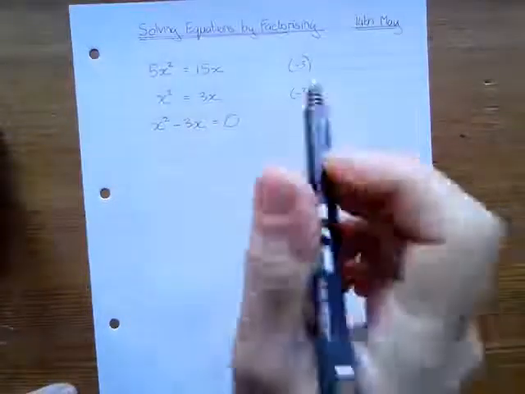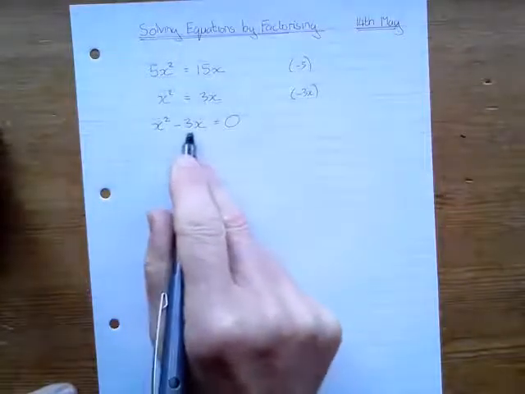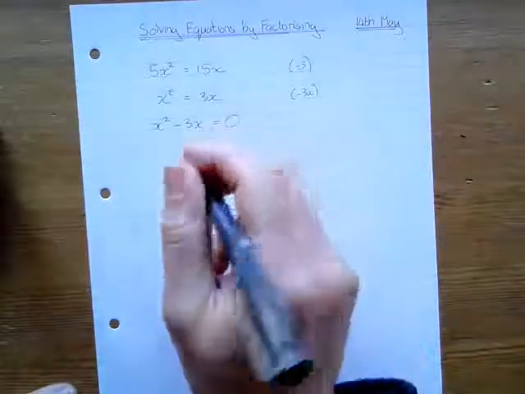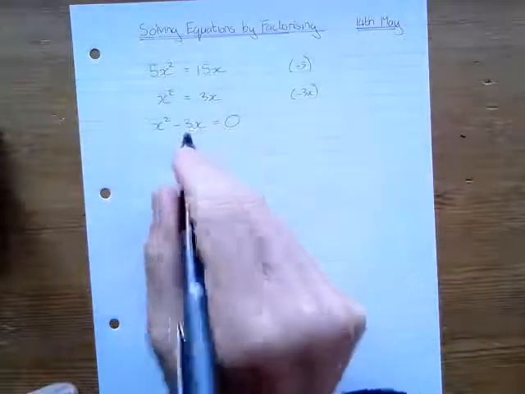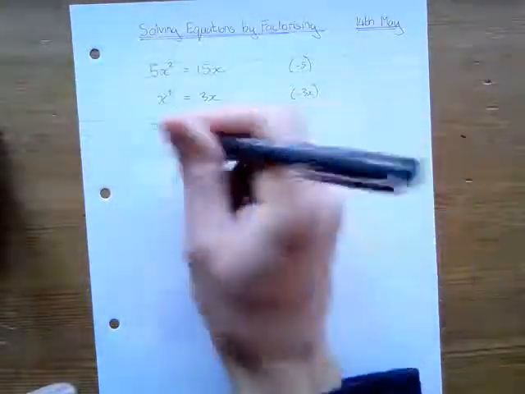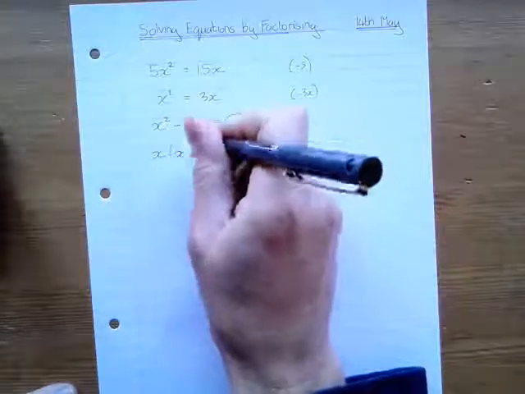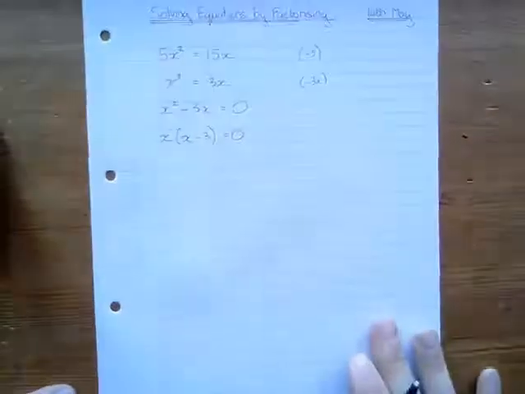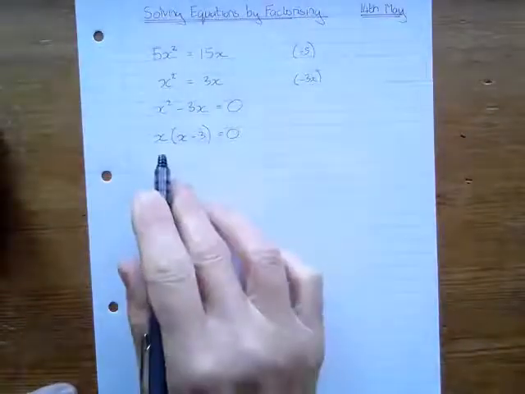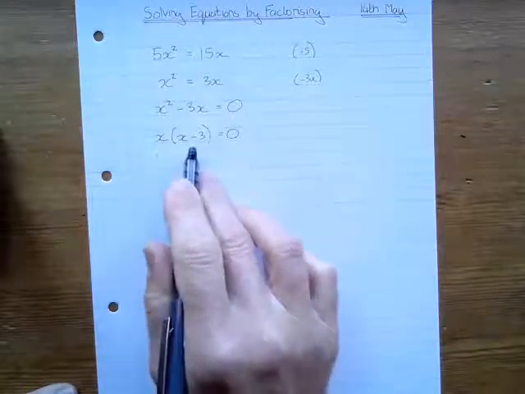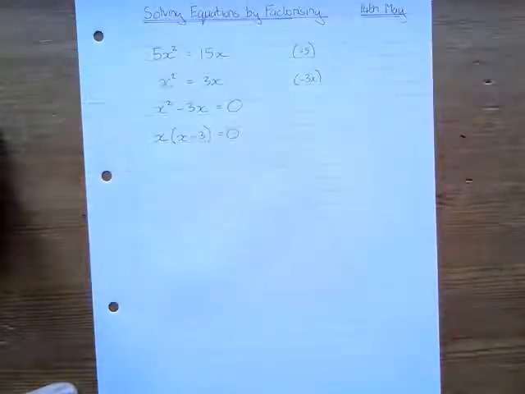Then what you do is you factorise this. So it's a single bracket factorisation. There is a common factor between the terms, the x. So you take the x out front and then write x minus 3 in a bracket. Now you've got two things multiplied together that equal 0 overall.